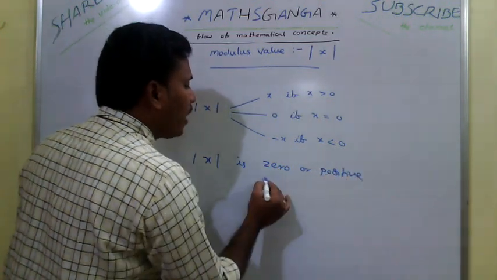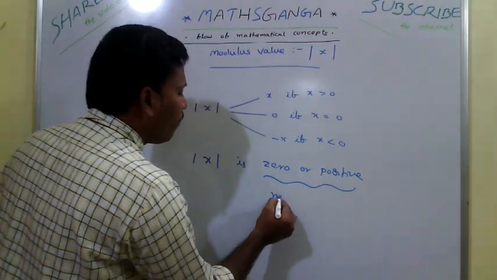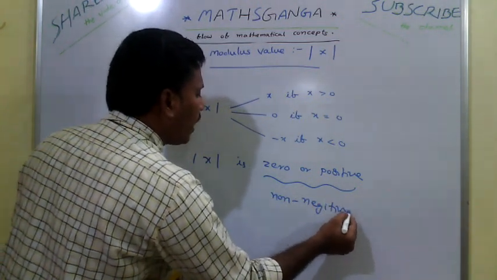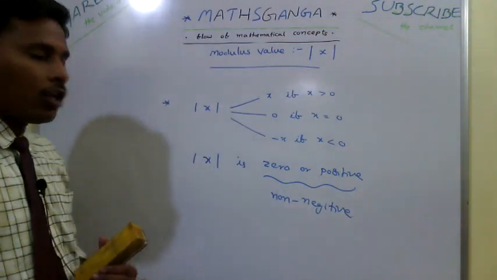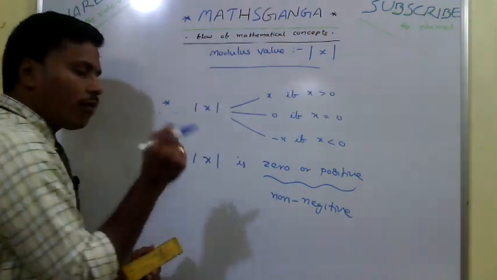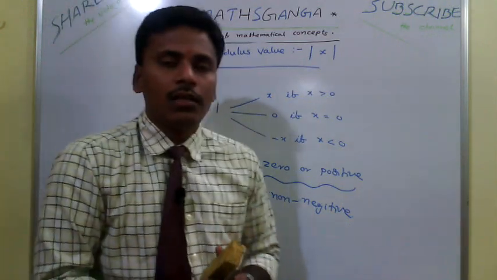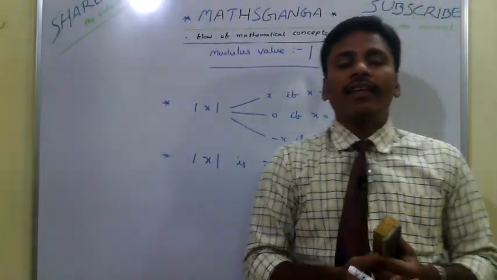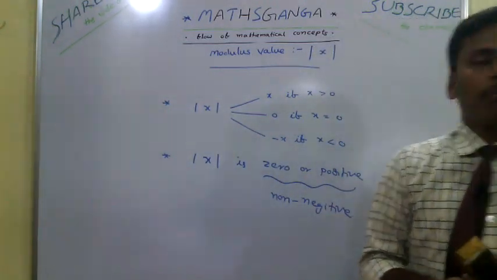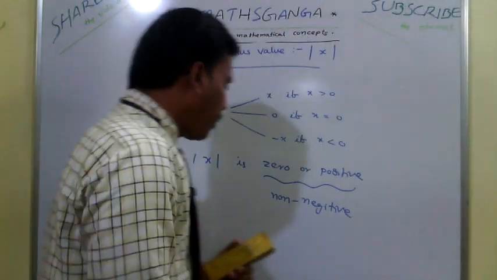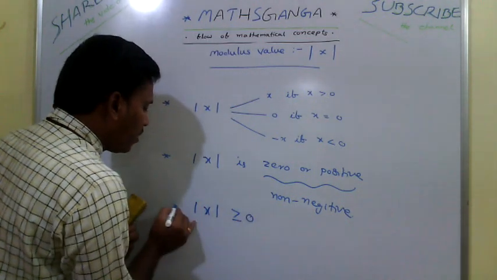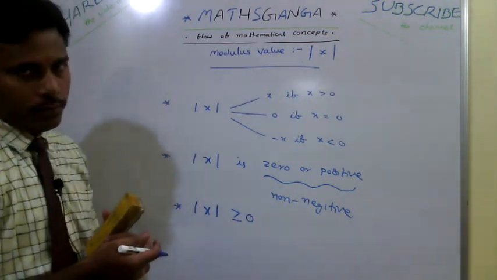Combining this, we may announce that modulus of x is always non-negative. So the very fundamental statement is mod x is greater than or equal to 0. Sometimes mod x is 0 and sometimes mod x is greater than 0.